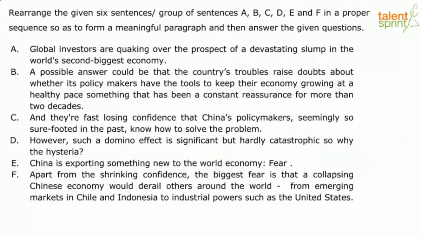So A, B, C, D, E, F. In a paragraph, I'm sure you're aware that the first line has to give me an introduction or a pretext of what the paragraph is going to be about. So what is the topic sentence? What is my introductory sentence?